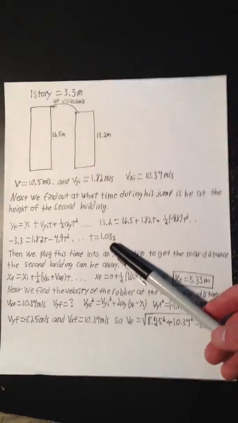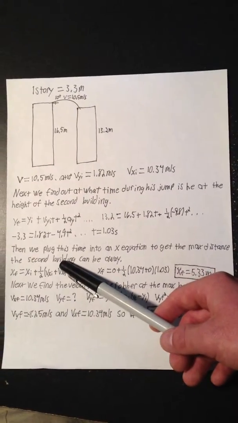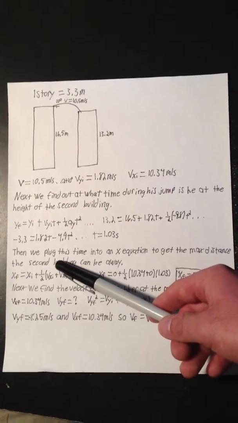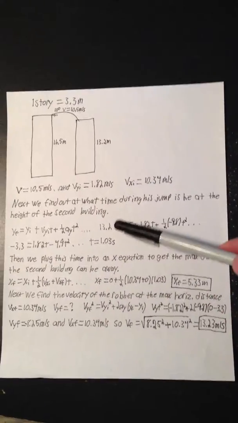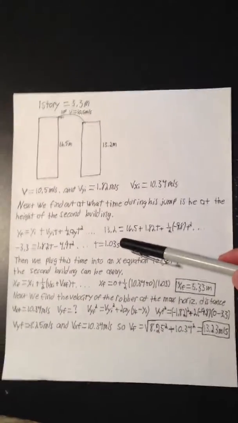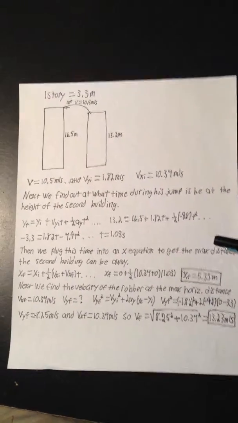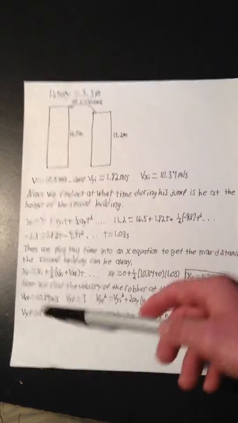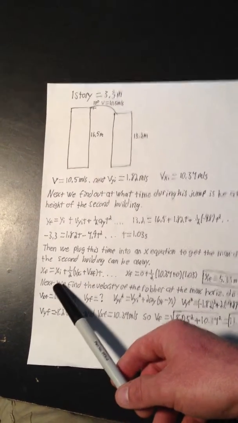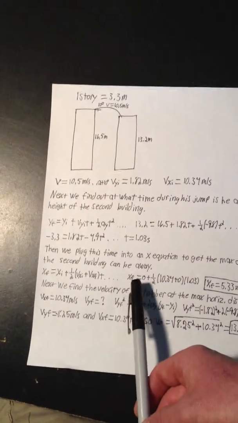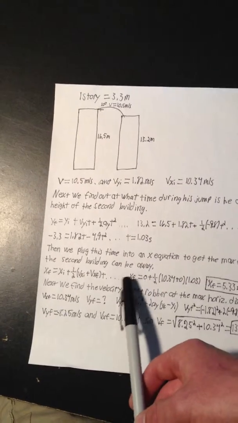So now what we need to do is just plug this time into the x equation to figure out how far he goes horizontally in 1.03 seconds. Using this equation here, x initial equals 0 and x final is what we're trying to find.